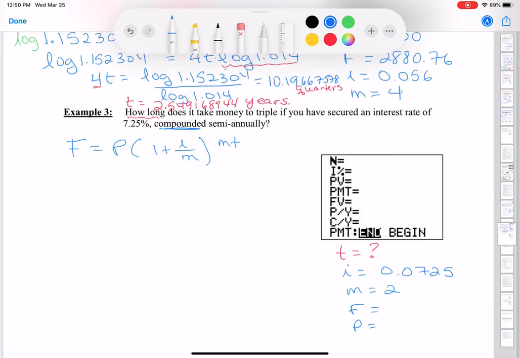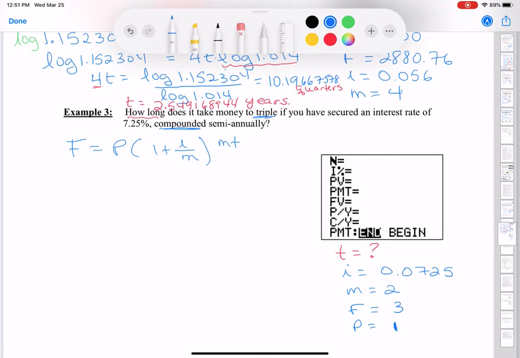Or you could use a start amount of $100, and then if you're tripling, it's going to have a future value of $300. Or the simplest version of this is if you start with $1 and you're tripling it, then your future value is 3. These can be any numbers that you wish, except with the one clear condition that whatever the P value is, the F is 3 times as much because our money has tripled.